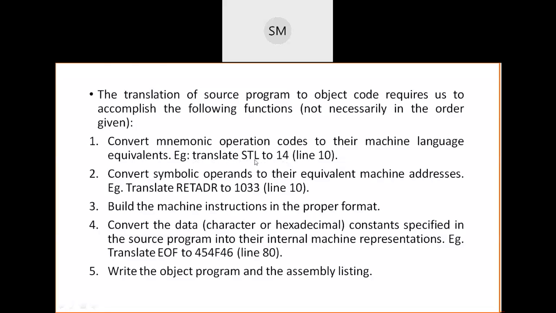To avoid confusion, I call this an instruction and this an opcode. If you open Appendix A and search for STL, you will find the opcode 14, and this STL is in line number 10 of your program. This is just one example of how we have translated mnemonic operation codes into machine language equivalents.